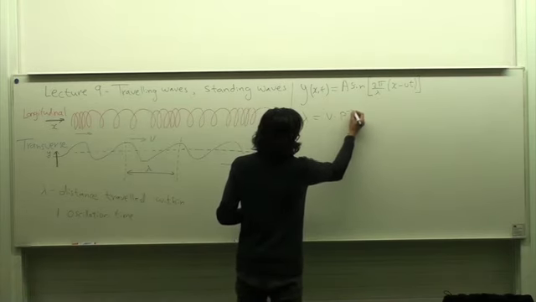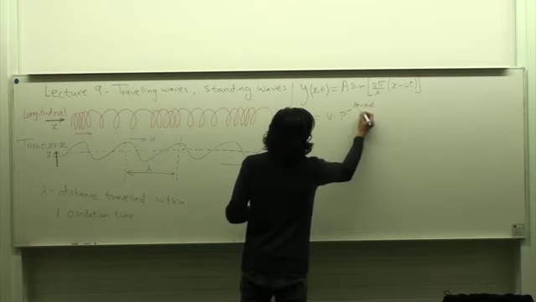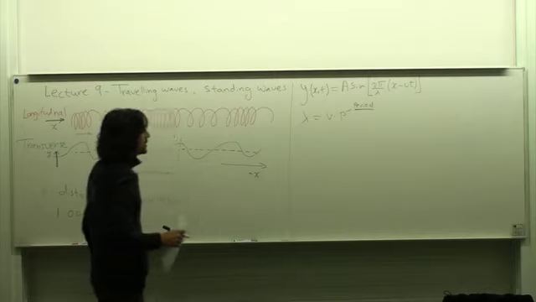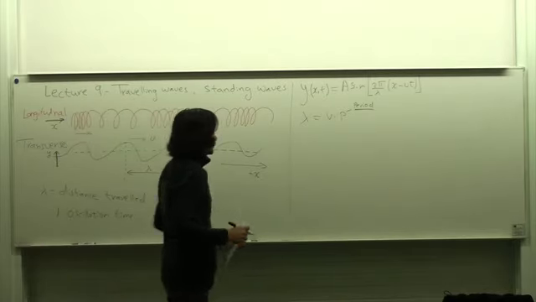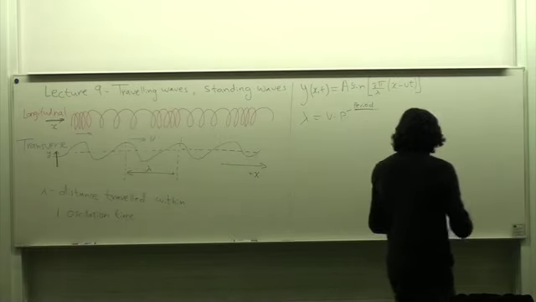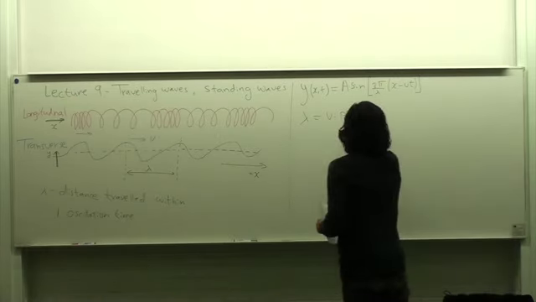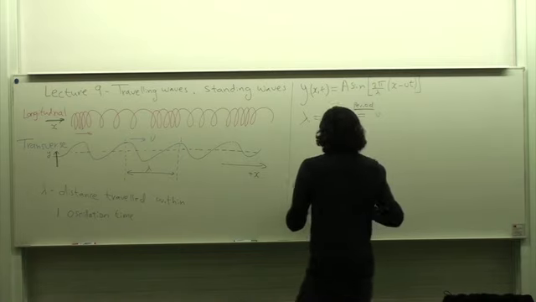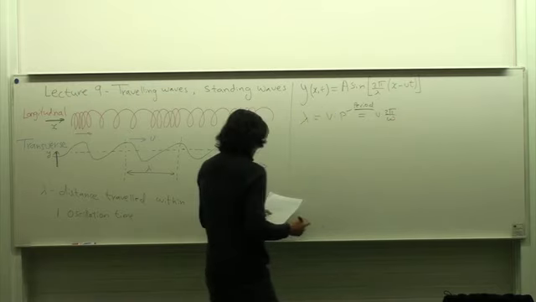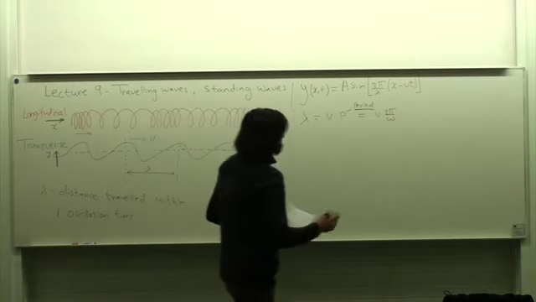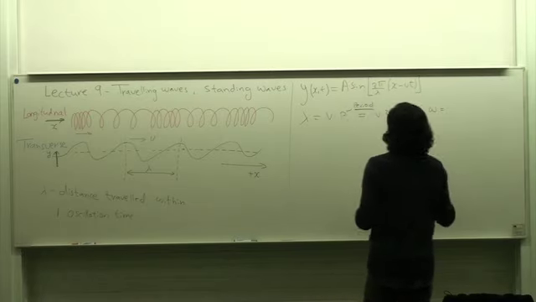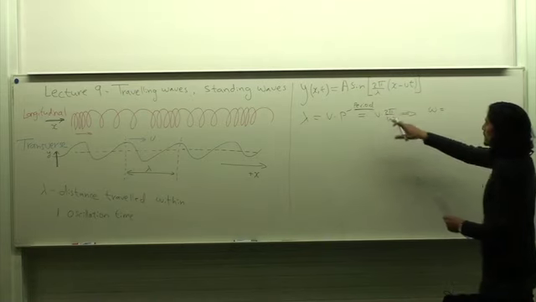But this is the period. If this is v, the velocity, this has to be the period in order to give the wavelength. And this is v times the period, which is 2 pi over omega. So I can also write omega equals 2 pi v over lambda.